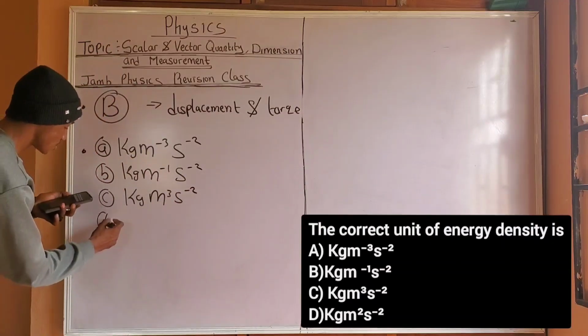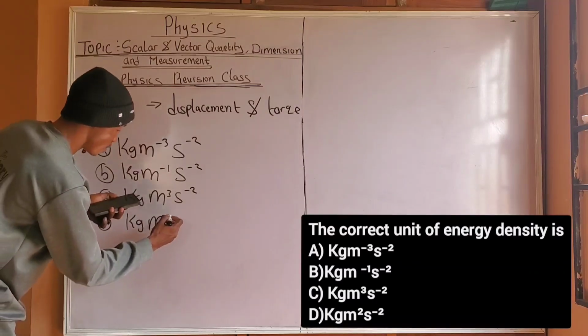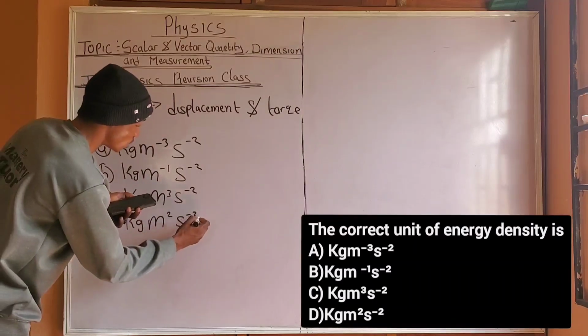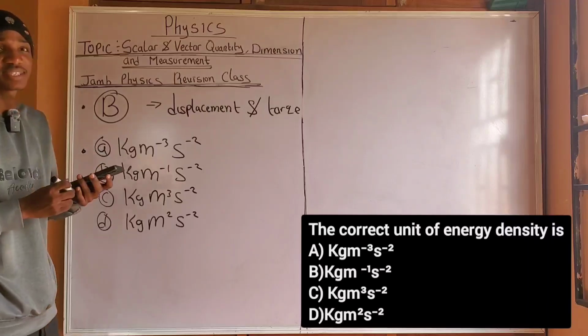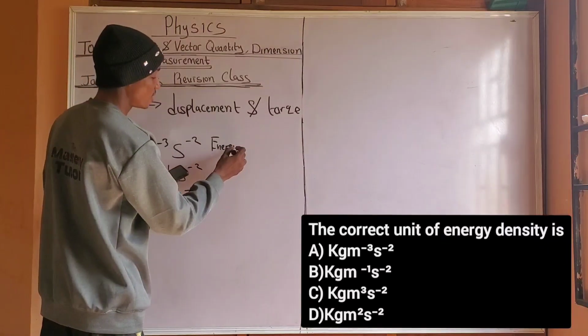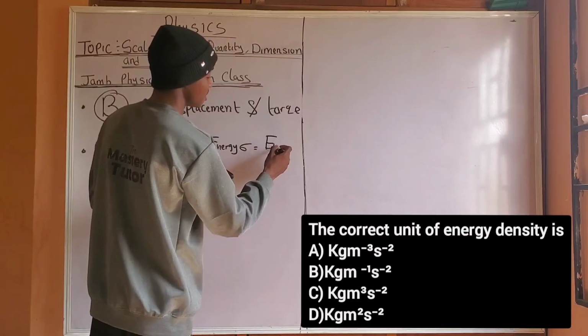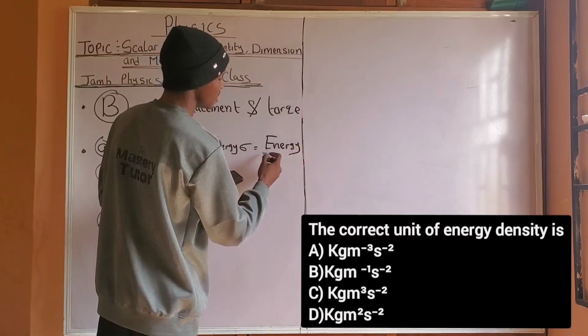Then the fourth option, kilogram m raised to the power of 2, s raised to the power of -2. Now energy density is equal to energy all over volume.